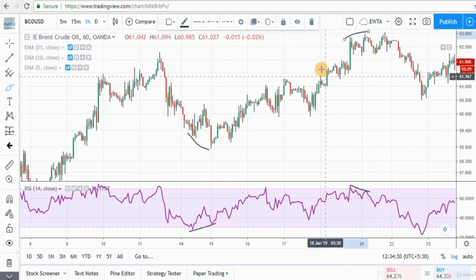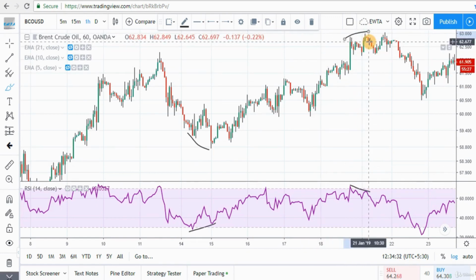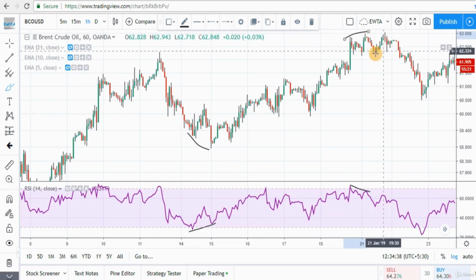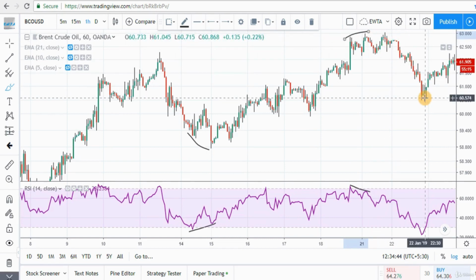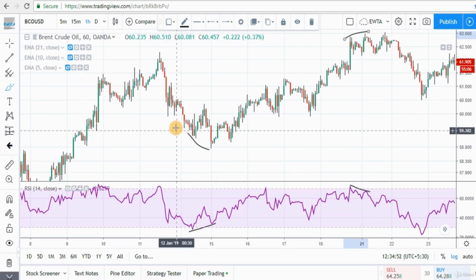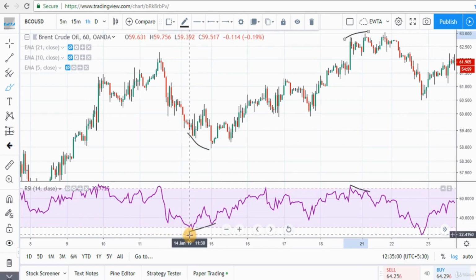So indicator and price are not in agreement and there is something wrong with the trend. After that, you can see that prices are consolidating here for some time and then we can see a retracement in the price.